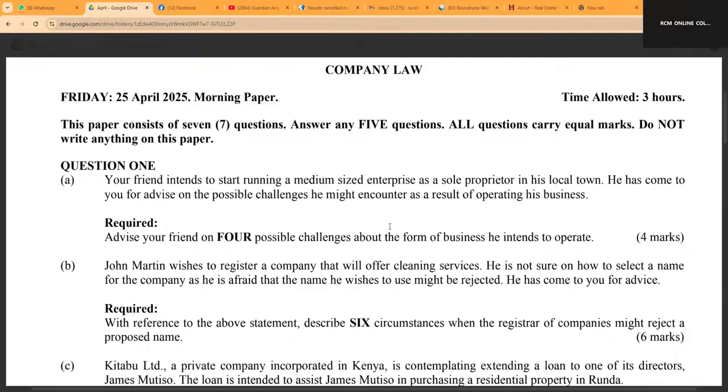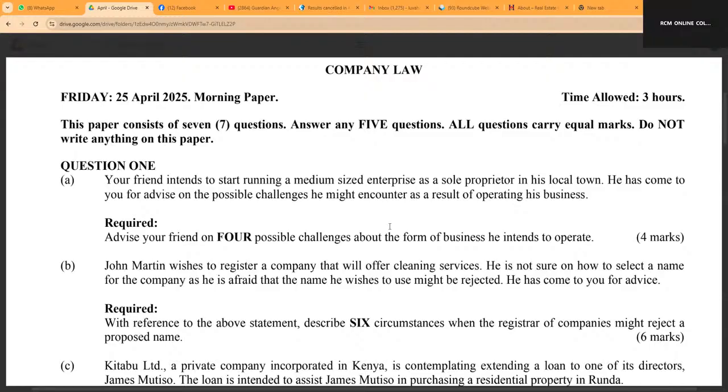Required: advise your friend on 4 possible challenges about the form of business he intends to operate.